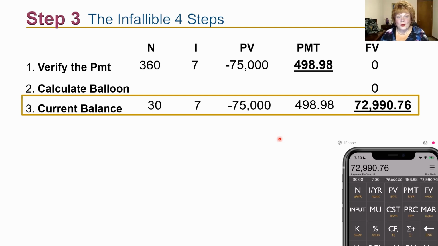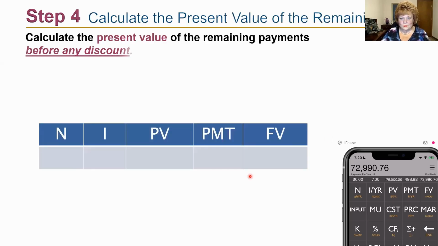I don't know anybody who does this, but for me, it's what pulls everything together. It gives me a visual of what this note is really like. And if I don't do this fourth step, I'm kind of just drawing numbers out of the air and going, oh, why did I do that? So let's look at the fourth step.